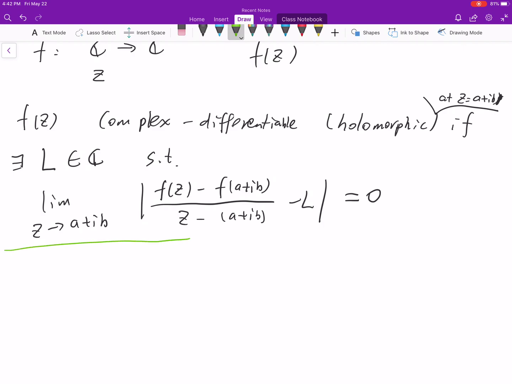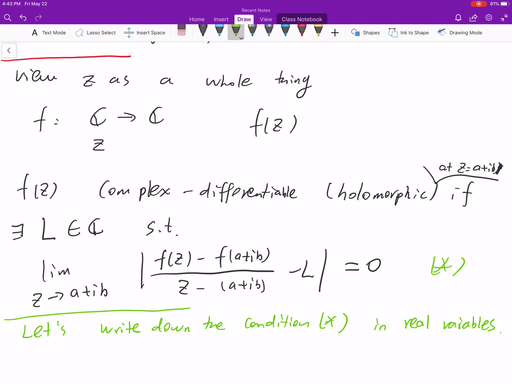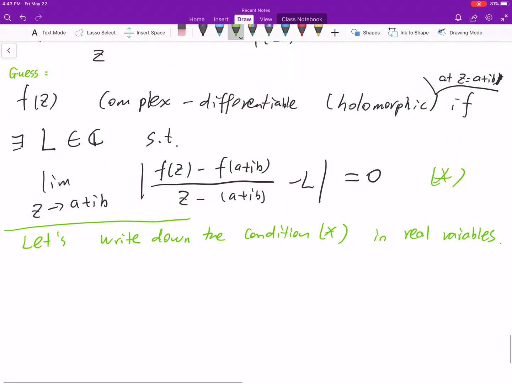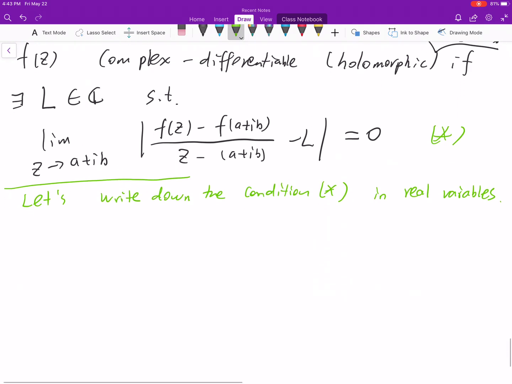And then of course we need to write down the condition in real variables. So let's see what we really have. This is just a guess. We want to have something like this as a generalization.